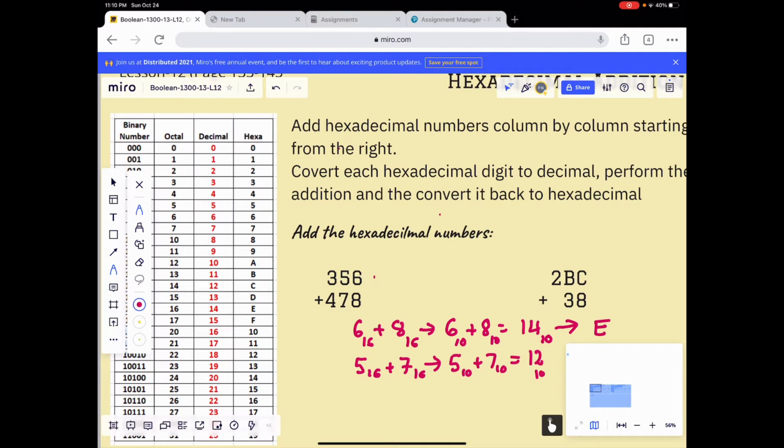And 12 decimal is letter C, so I write out letter C right here.